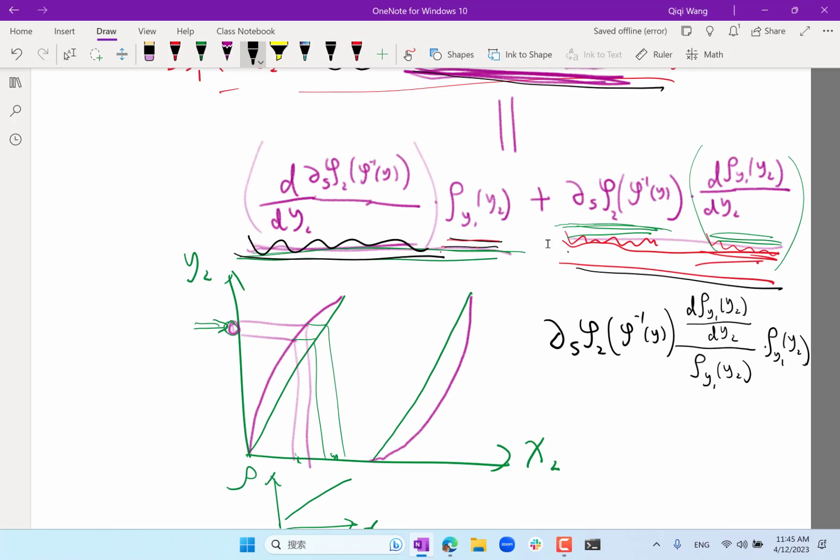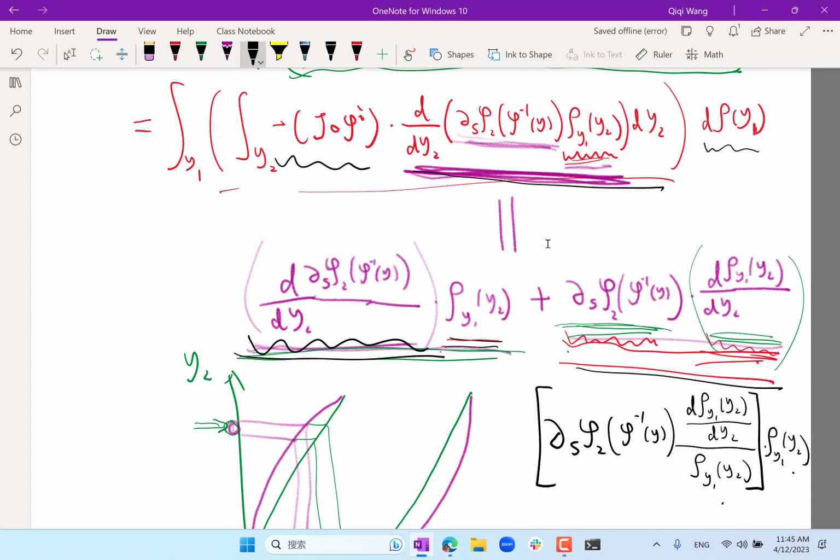Because we are dividing and multiplying by the same thing, this is of course equal. And then if we are able to evaluate this part, the second term after the integral is just an integral of this function over the equilibrium measure.